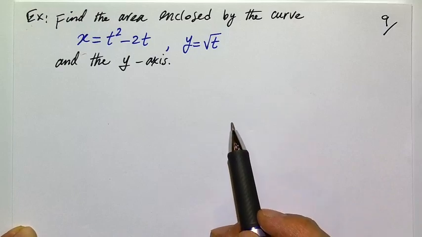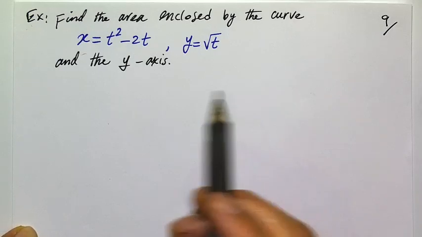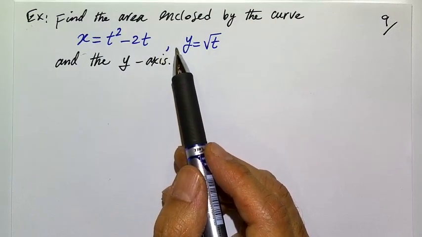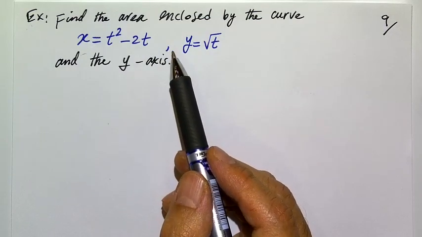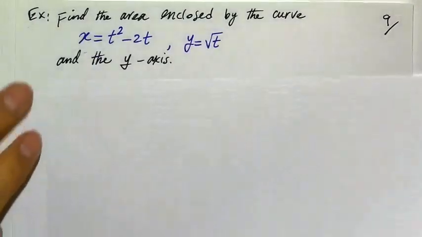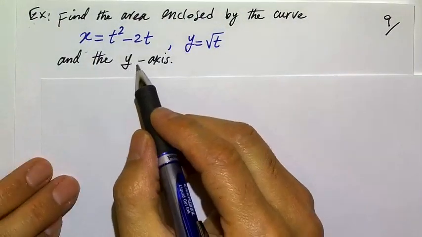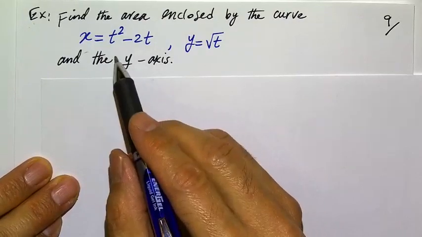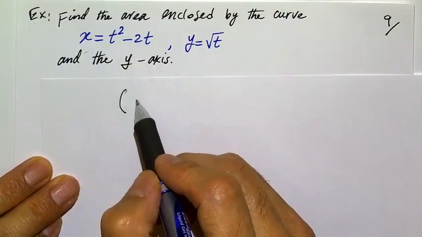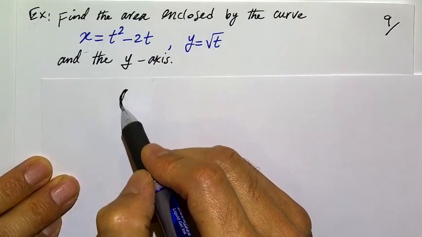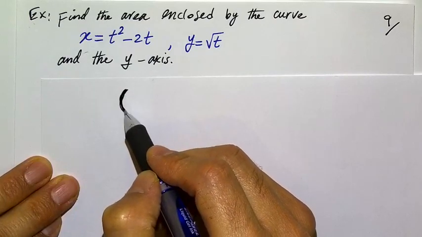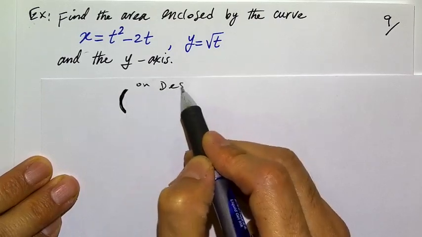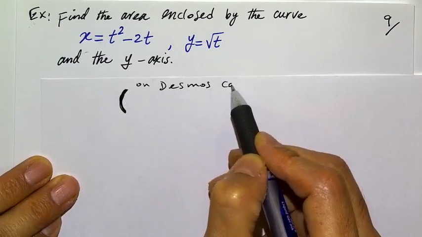So if you go to desmoscalculator.com, you should be able to plot this, and in Desmos, once you go to that website, all you have to do is enter it like this. You would enter parentheses.